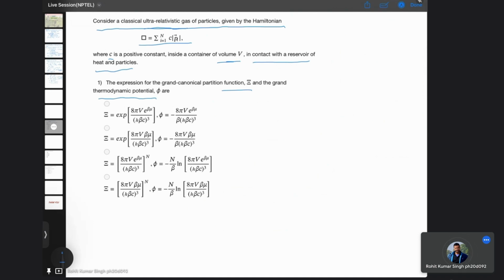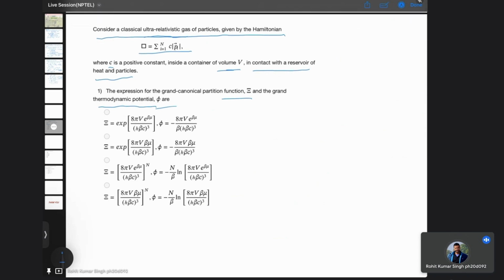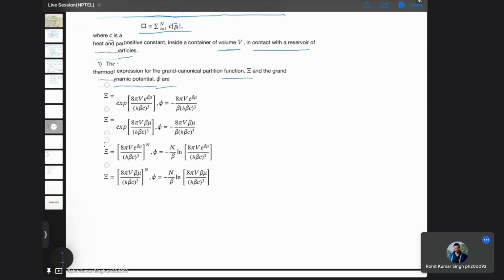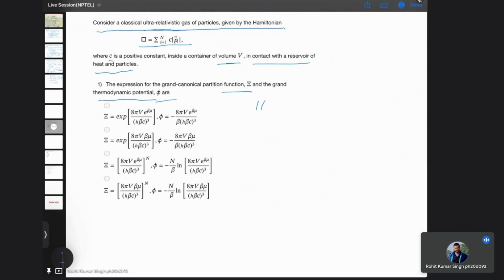Okay, we just saw the formula of these two quantities, so we can simply apply them here. So the Hamiltonian is given.